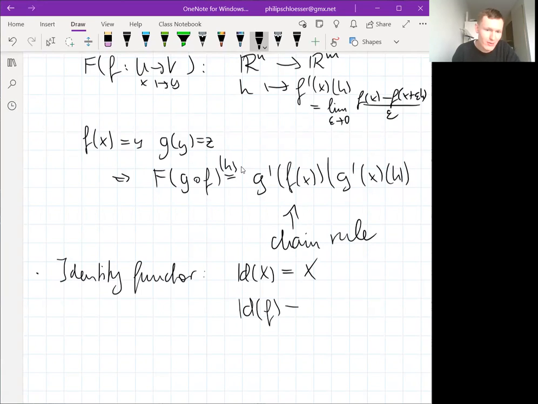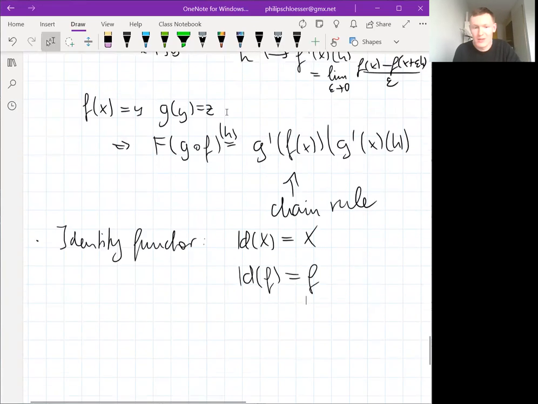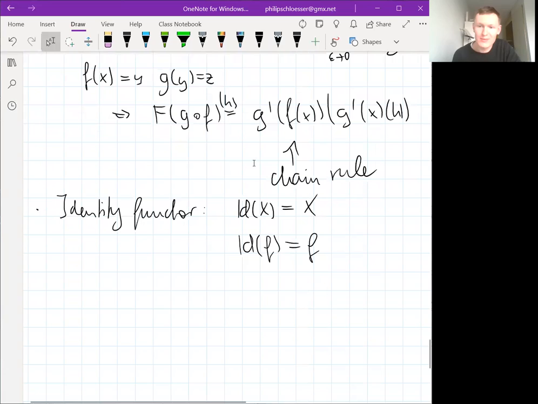And if we have a morphism f, the identity functor just turns f into f itself. So it does exactly what you would expect the identity functor to do, for any category C.